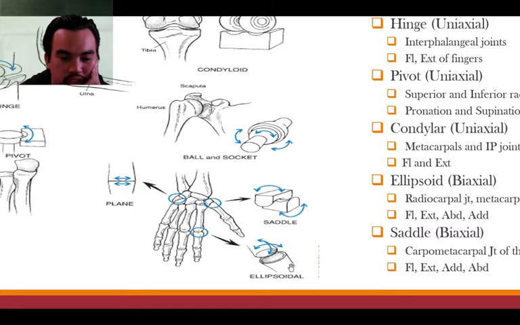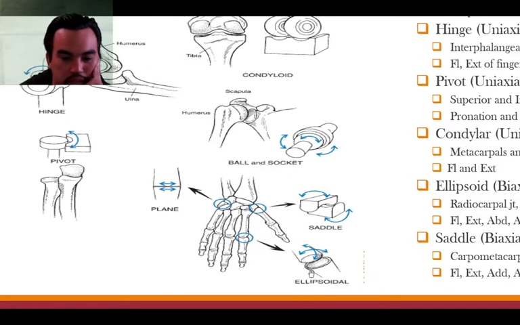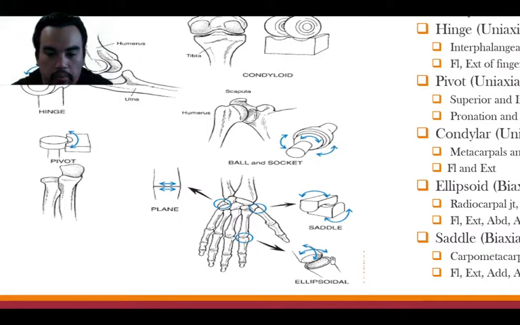And then you have this ellipsoidal, which is also very similar to a saddle, but it's more of that concave convex, and it just sits and rolls within that. If you put a golf ball on a tee and rolled it around, that would be more your ellipsoidal, whereas the ball and socket has a vacuum seal that sticks in there. The ellipsoid doesn't actually sit and suck inside that joint. It just sits on the top.